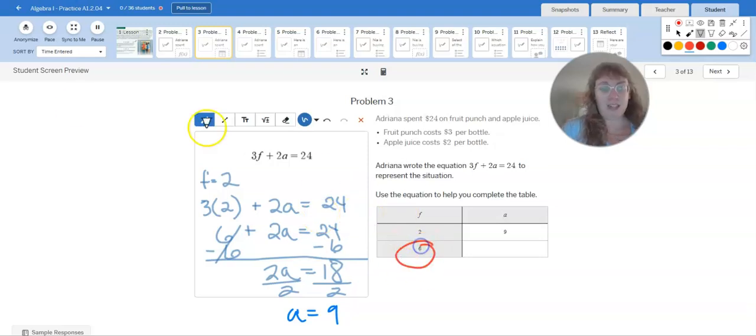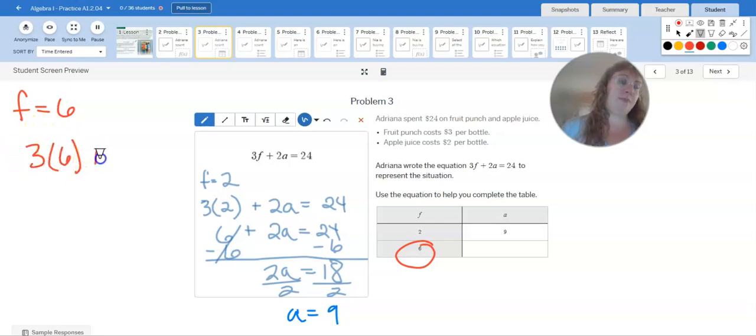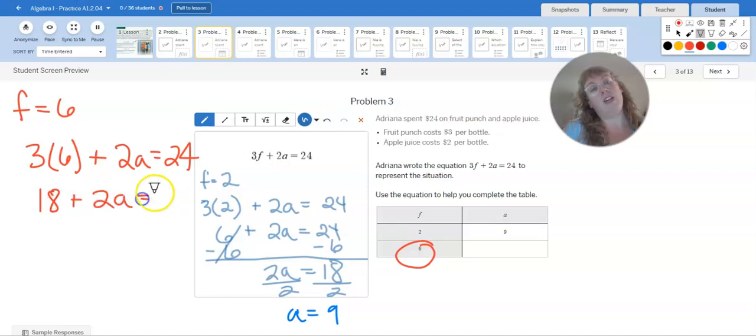If we're buying 6 fruit punch, if F equals 6, we would have 3 times 6 plus 2a equals 24. 3 times 6 is 18, so they spent $18 on fruit punch.